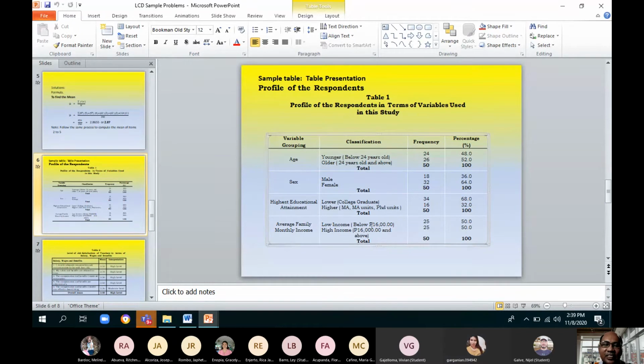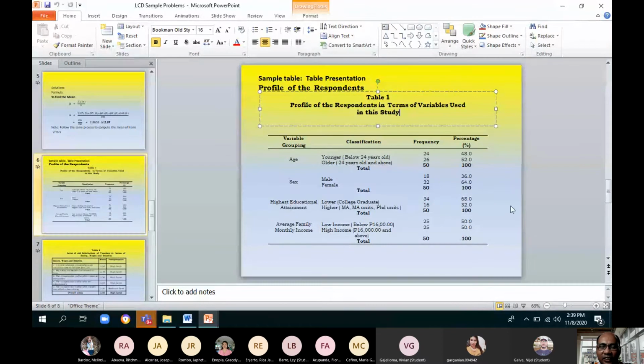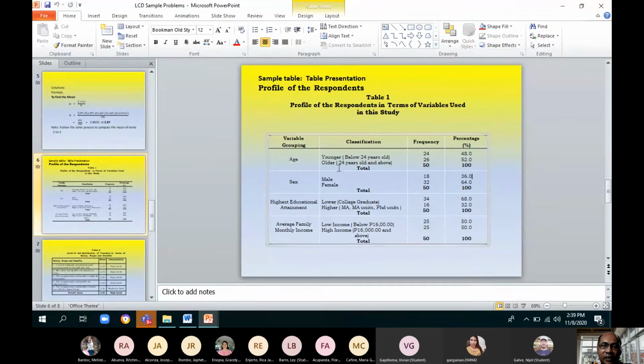Okay, next. Now, paano gagawin ang table? Take note of this. Ang table natin is hanging table. Meaning, one line sa itaas, one line in the middle, and one line at the bottom.